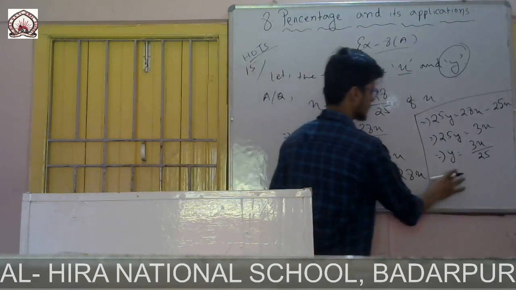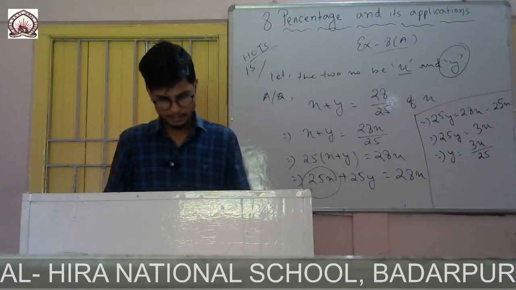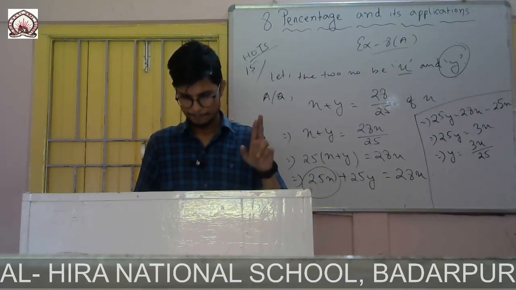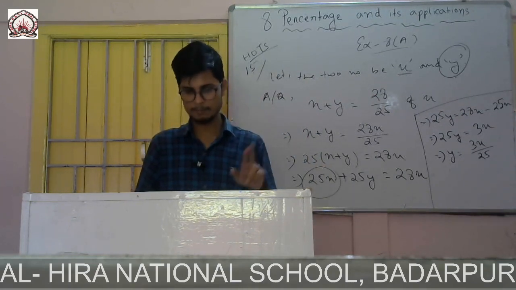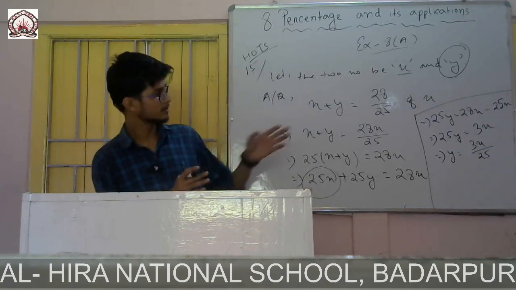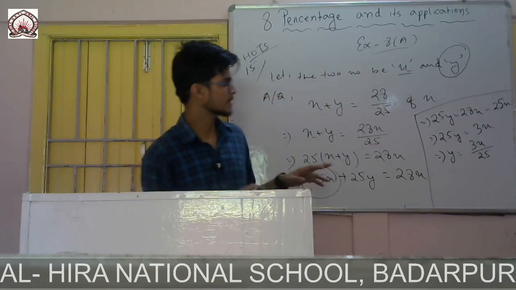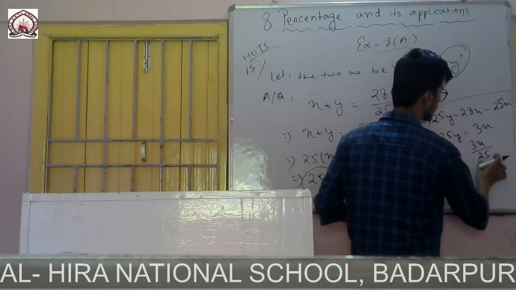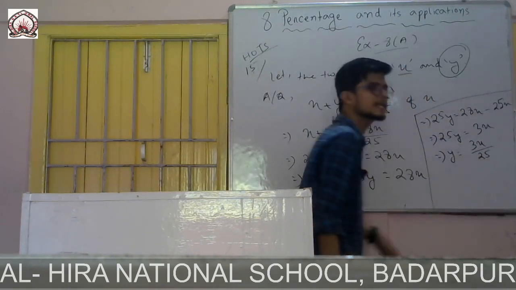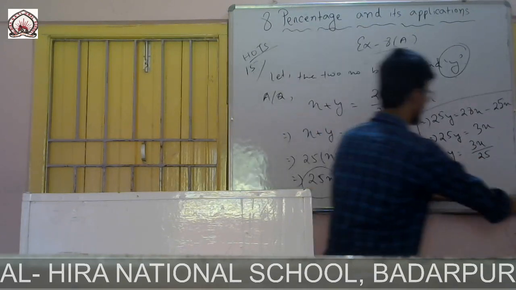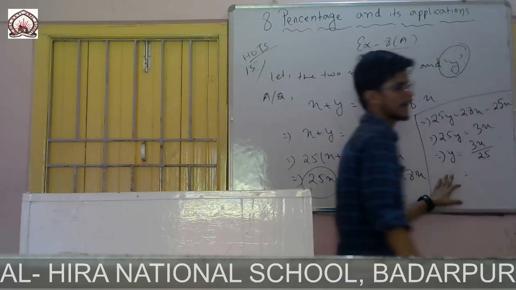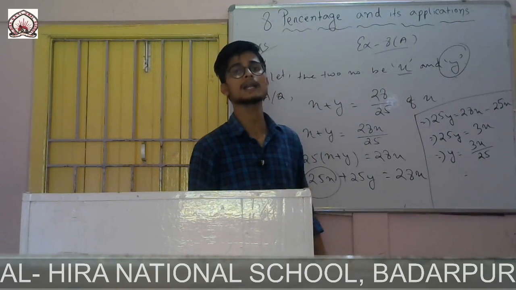Now, as in the earlier question, whenever we want to turn a fraction into a percentage, we multiply the denominator by such a number that we can make it 100. If I multiply 25 by 4, 25 fours are 100.